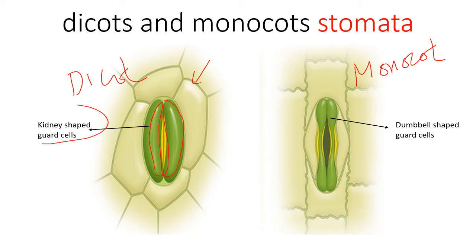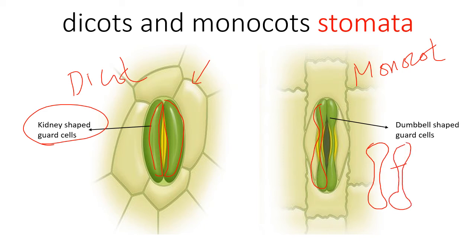So kidney shaped guard cells are there. And if you look here, they are dumbbell shaped. This kind of shape is generally seen in monocot. This is one and this is another guard cell. So they have dumbbell shape. This is another difference in both.